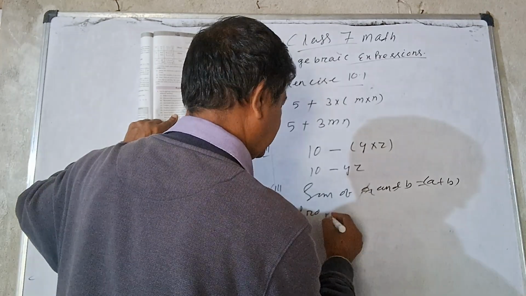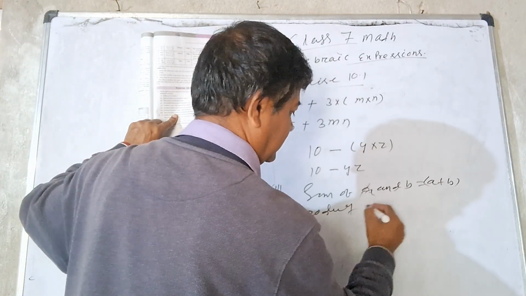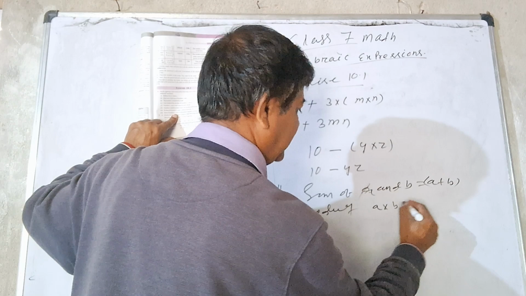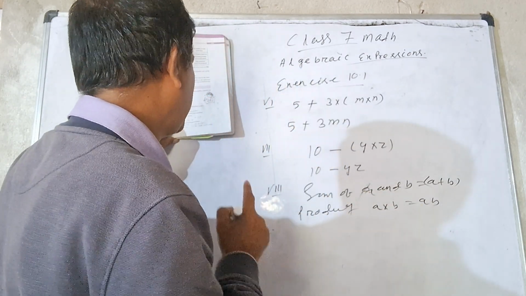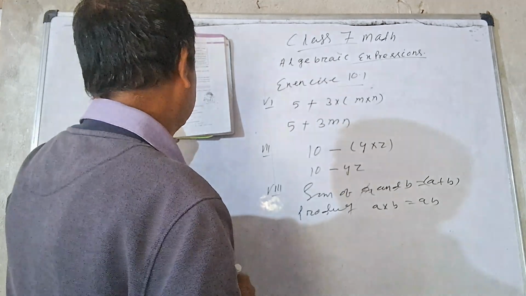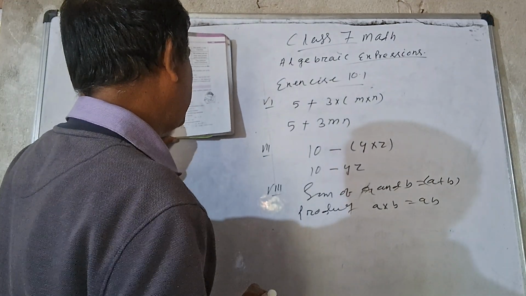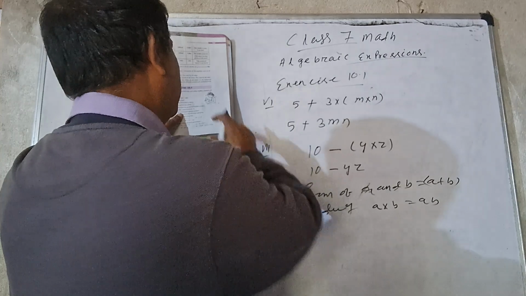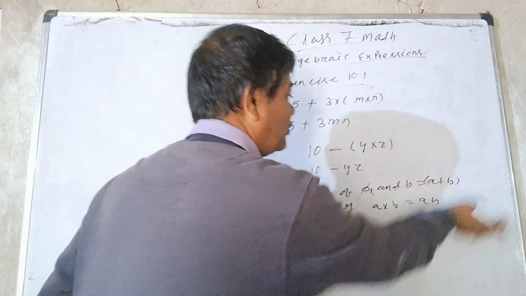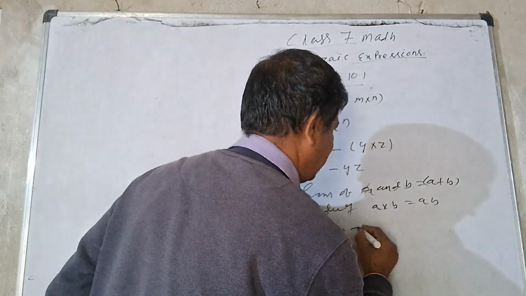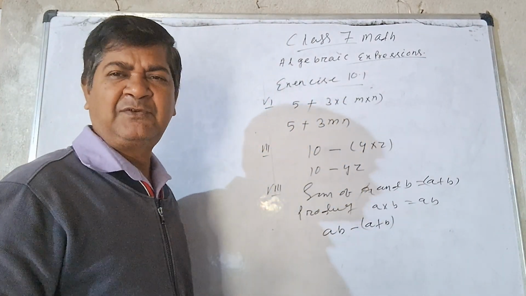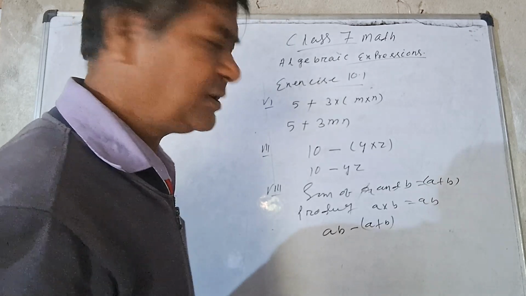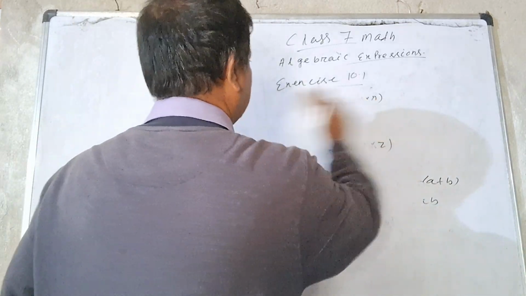Product a into b will be ab. So the sum of a and b subtracted from their product is ab minus (a plus b). In this way you will be able to do your question number 1.